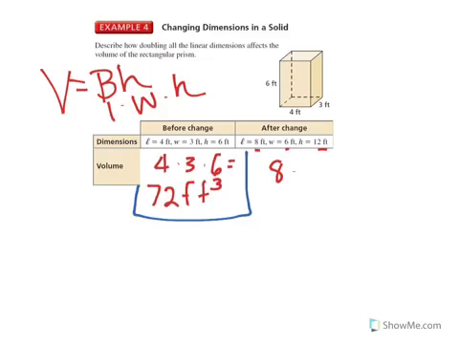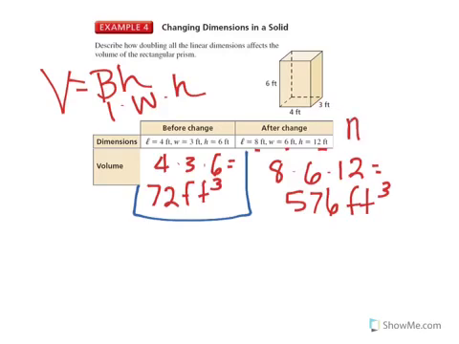So 8 times 6 times 12 is going to give us a volume of 576 feet cubed. We're going to call this one our new volume, and this one is our old volume.